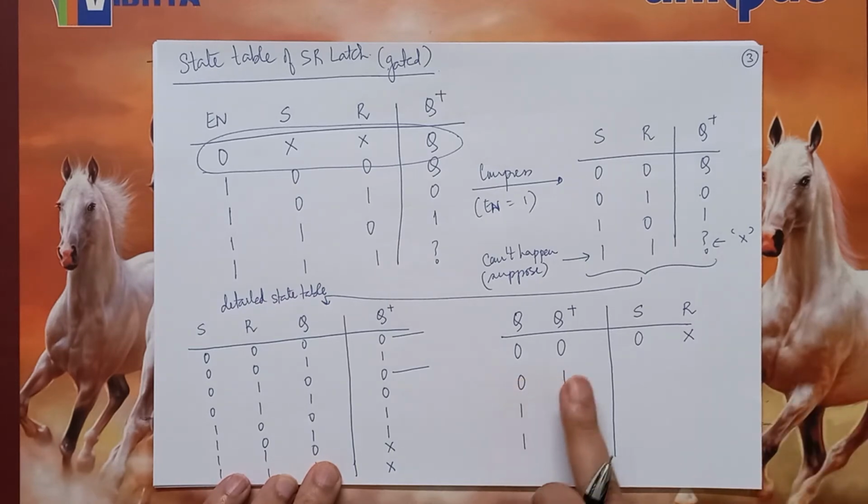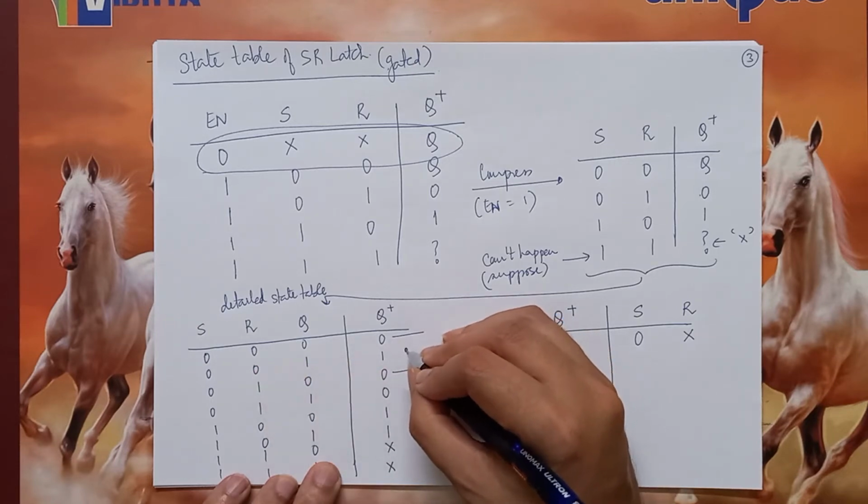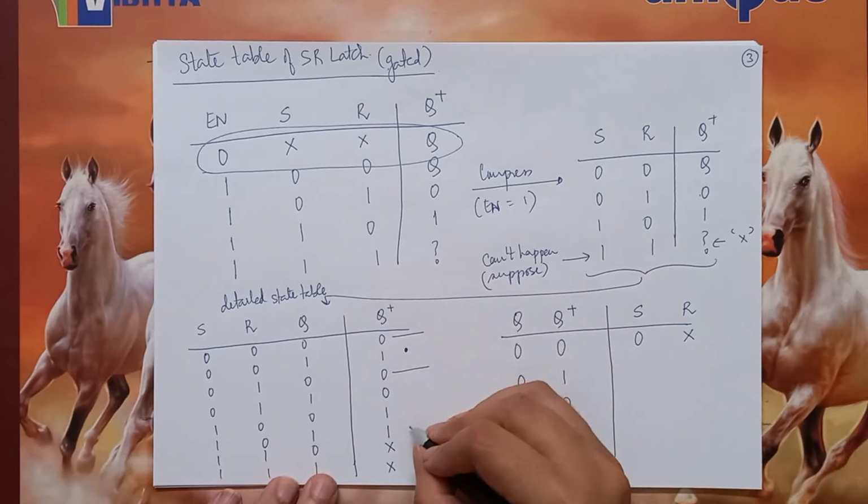Now when Q and Q plus is 0, 1, that happens over here and here.